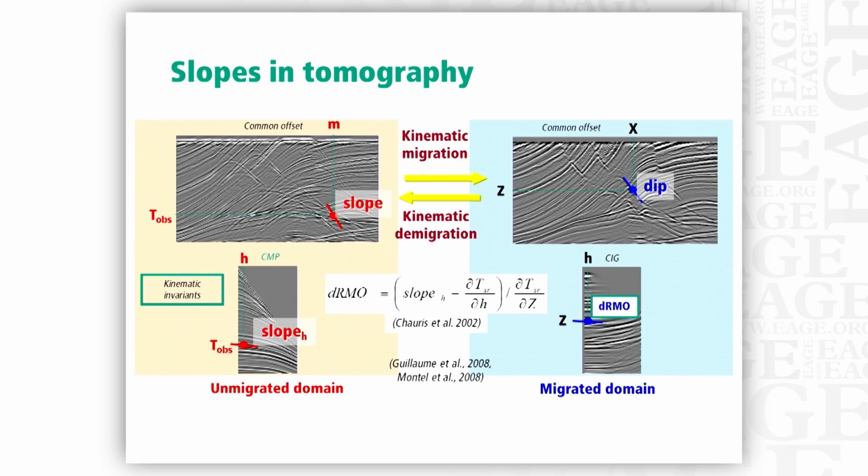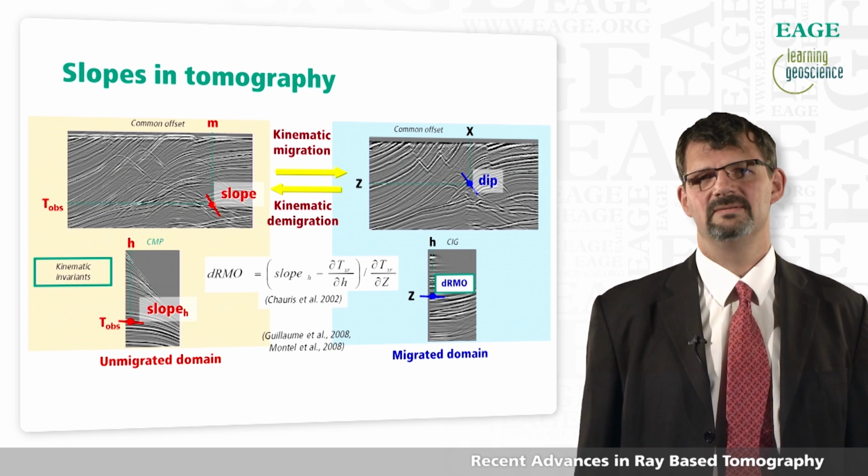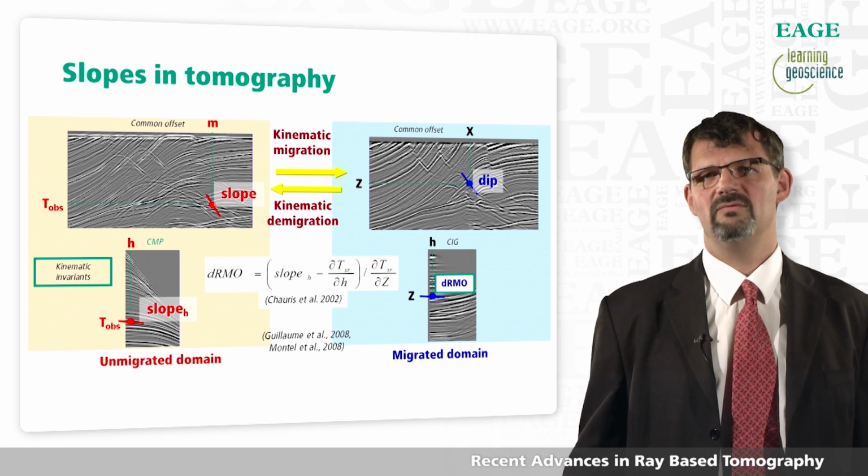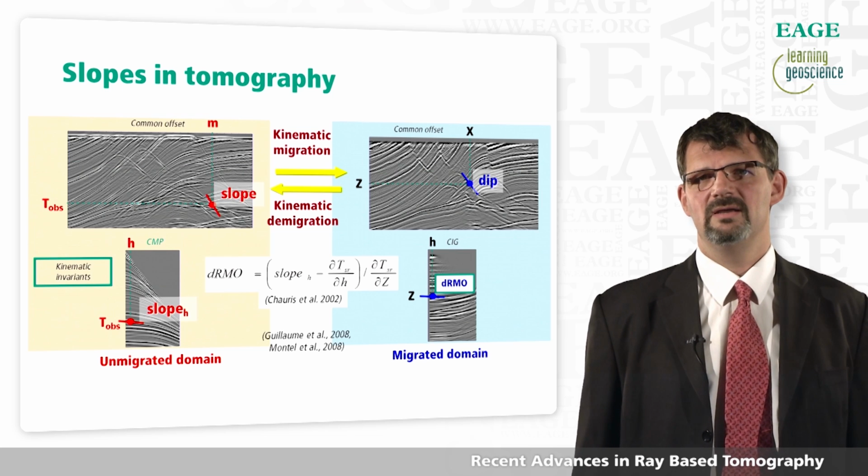And there is a connection, through a formula given by Chauris and co-authors in 2002, between the local derivative of the RMO curve and the slope in the CMP gather. So you can move from one side to the other.